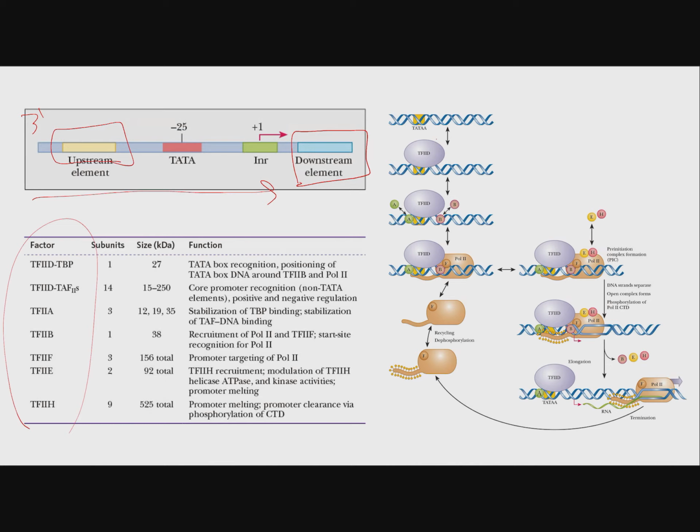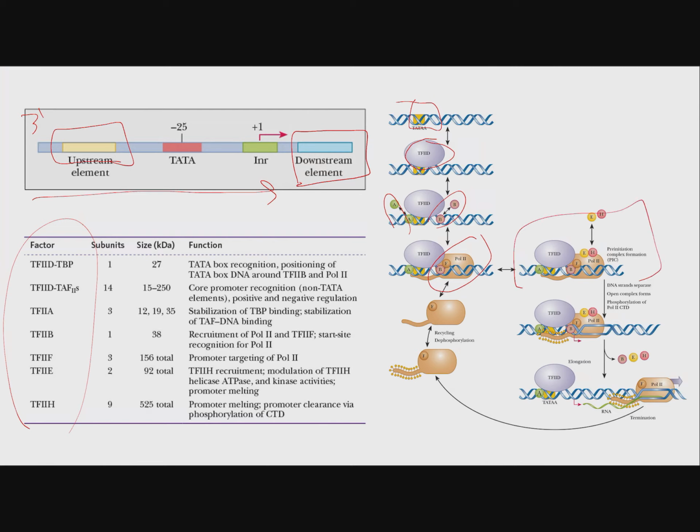As far as general transcription factors go, there's about 6 transcription factors that bind to DNA and initiate transcription. And so you can kind of see some of the steps here. So we're going to have some transcription factors recognizing the TATA box. We're going to have other transcription factors here helping to recruit RNA polymerase II.